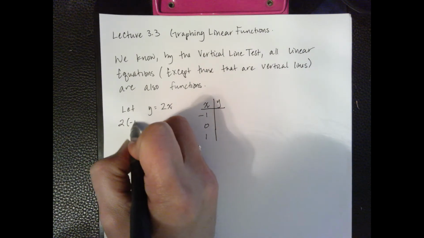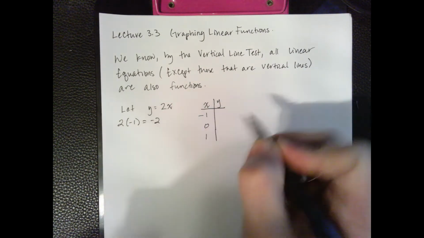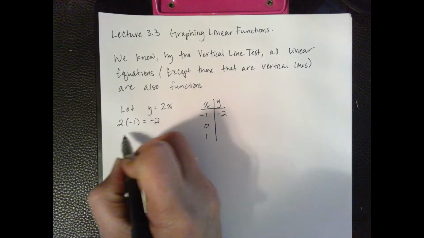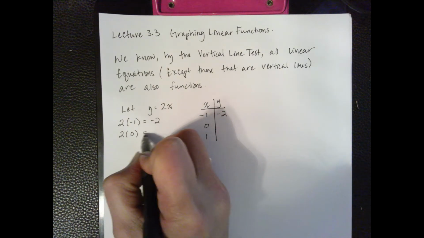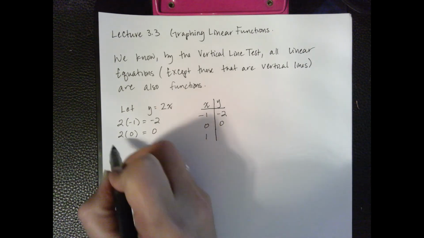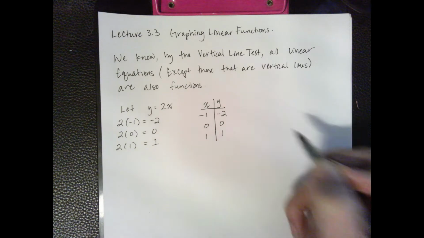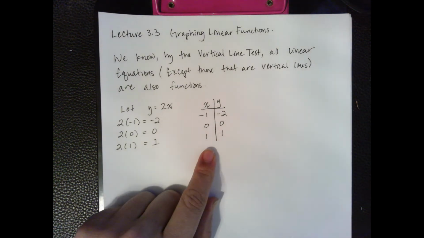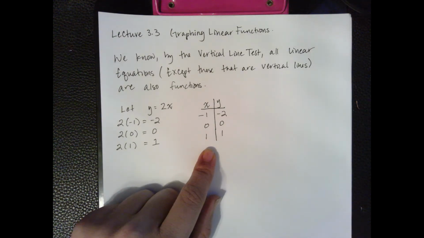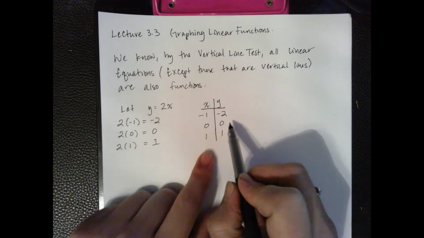So 2 times -1 is -2. 2 times 0 is 0. And 2 times 1 is 2. These are my ordered pairs that I would use to graph. I'm going through the origin.